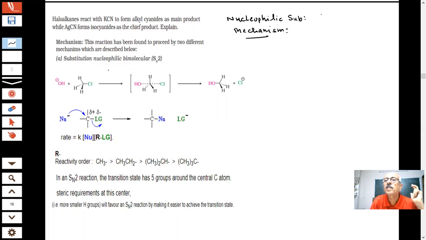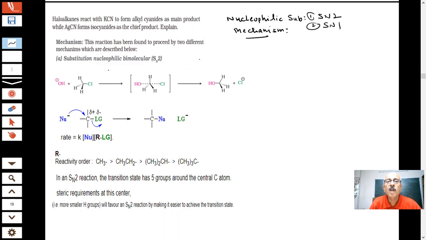They can proceed through SN2 or SN1. So what is the difference between these two, which alkyl halides will undergo SN2, which will undergo SN1, and what will be the order of reactivity? That is what we have to see with the mechanism.